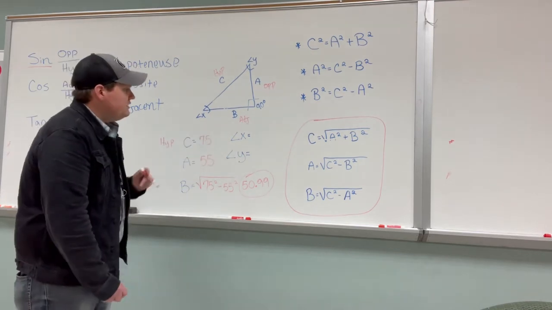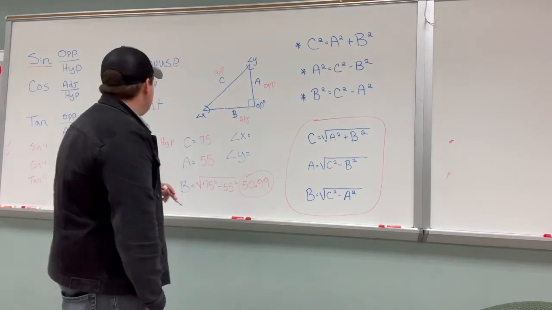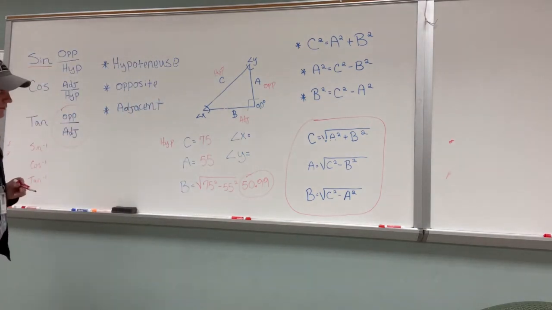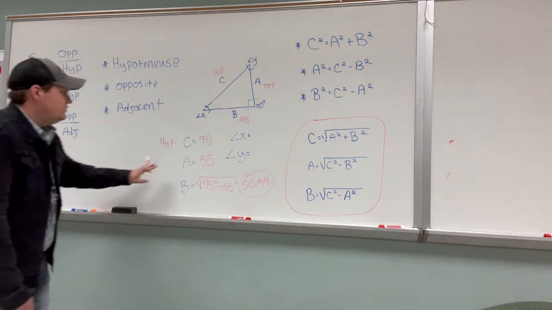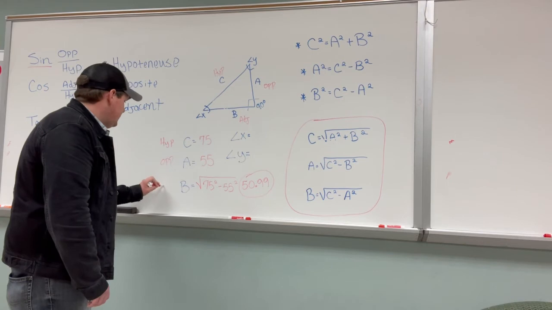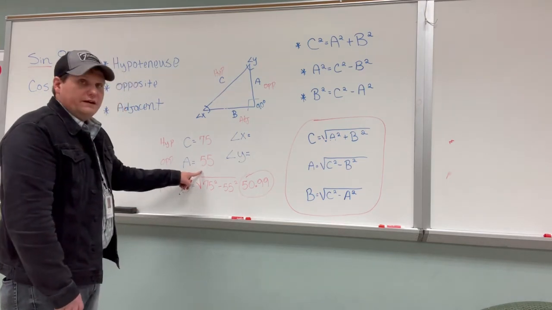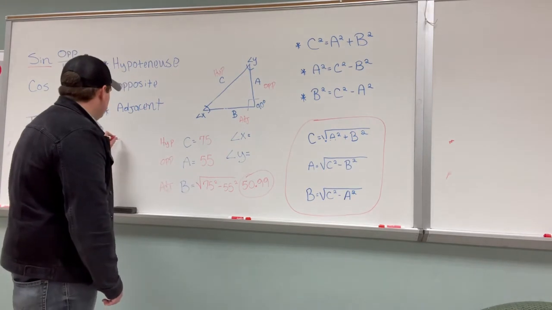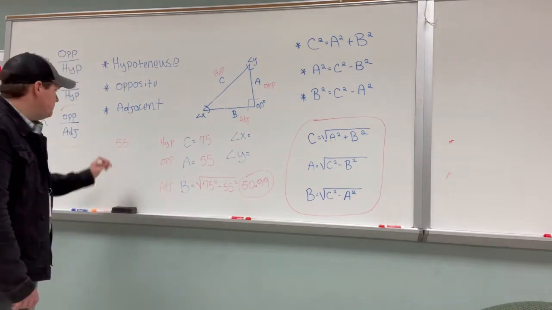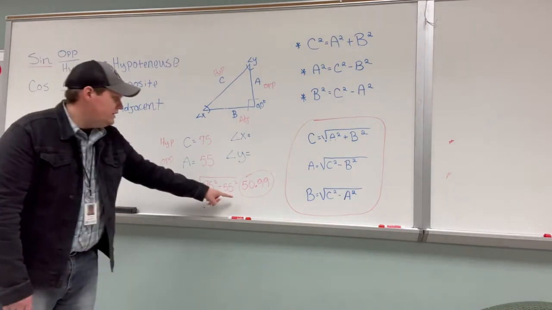How I'm going to set that up is tangent, which is opposite over adjacent. So A is my opposite, B is my adjacent. So I'm going to do 55, which is the opposite side, divided by the adjacent, which is 50.99.